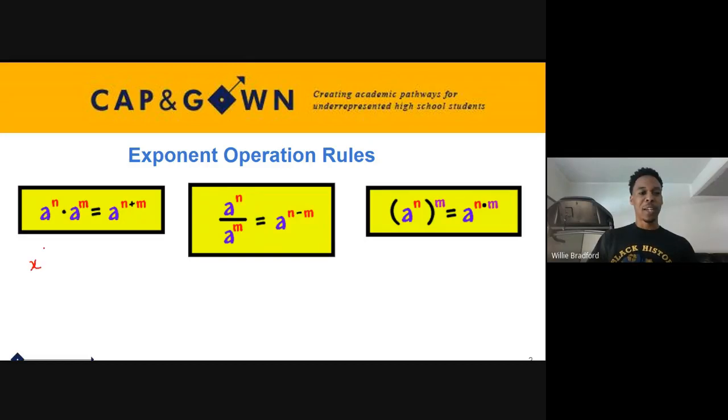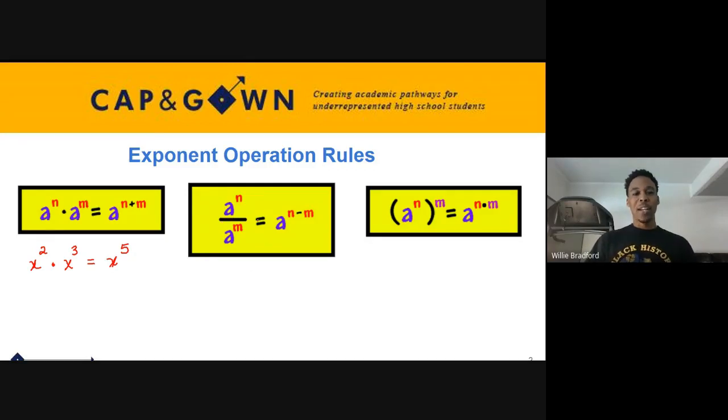So let's say we have x squared times x to the third, then we'll keep the base and add the exponents, and that'll give us x to the 5th. Pretty simple rule.